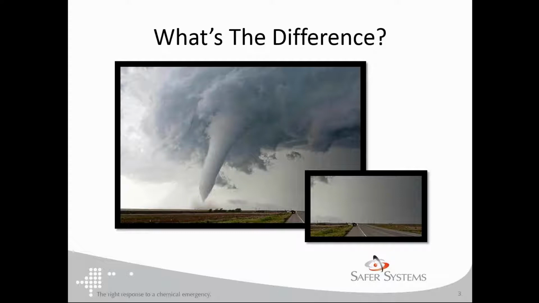We have a rather drastic illustration of that here, where on the bottom right image you can see part of the significantly larger picture, where if you're only getting one part of it, this static information or data set, you're not getting the larger picture, which is this gigantic funnel. So you can see the difference between the two can be quite drastic. And so there's a lot of challenges associated with responding to an emergency, and I'm going to talk about the difference between 2 types of data and how that plays out.